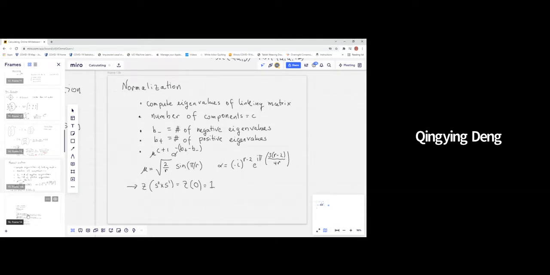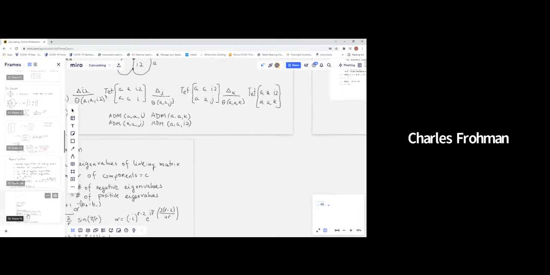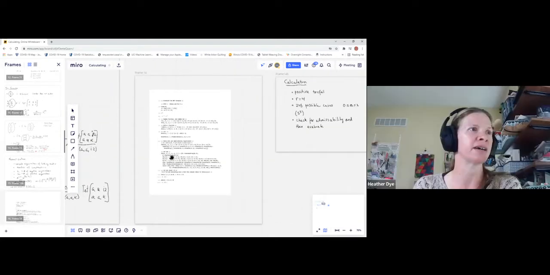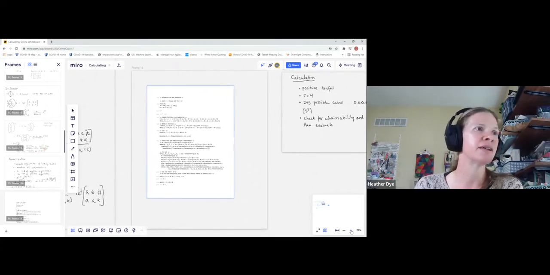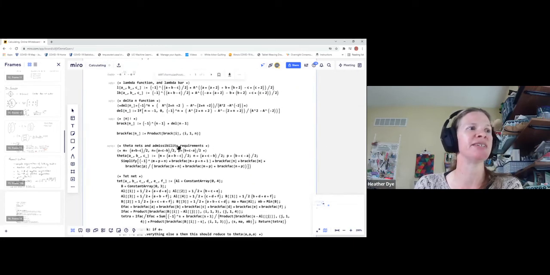So in terms of actually computing that, we do use Mathematica. Let me try to make this a little bigger. We can explicitly program in the values for each of these things.